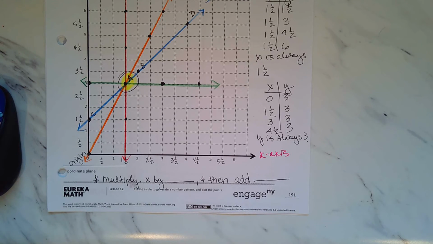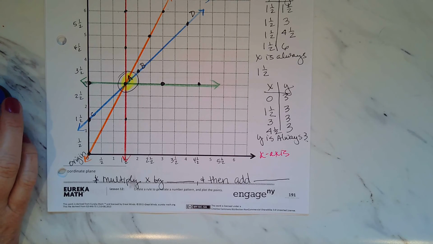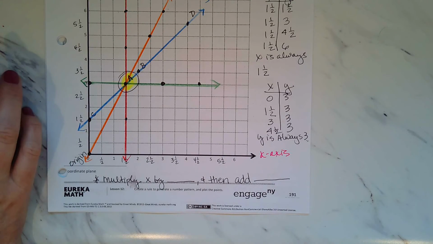So we could multiply by 1.5 and get a product less than 3. What do we know about multiplication? If you multiply by a number greater than 1, your product is going to be greater than what you started with. If you multiply by a number less than 1, your product is going to be less than what you started with. So think about that for a second, and I want you to actually write something in.